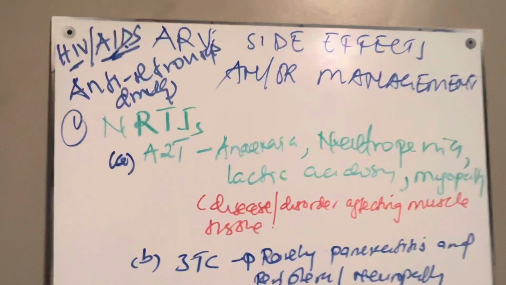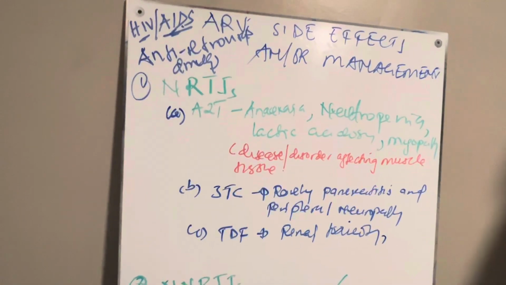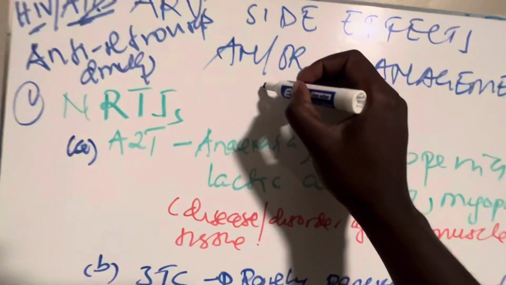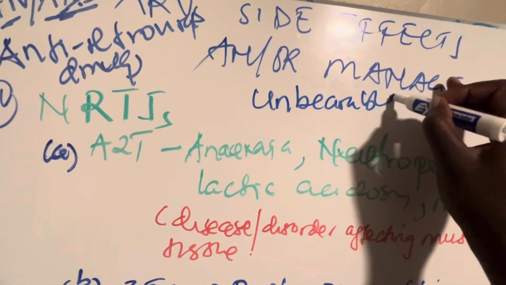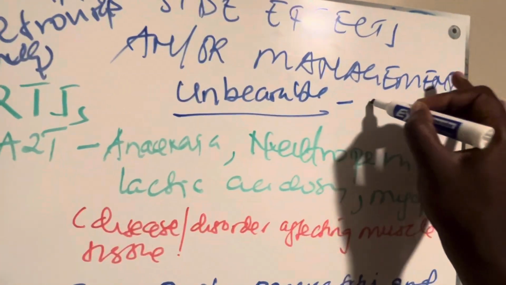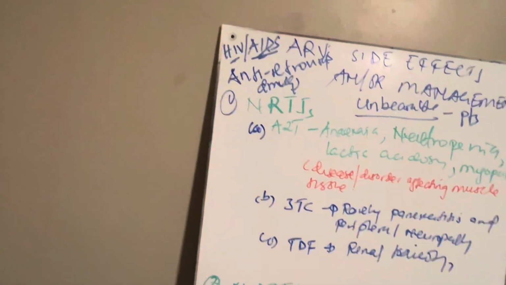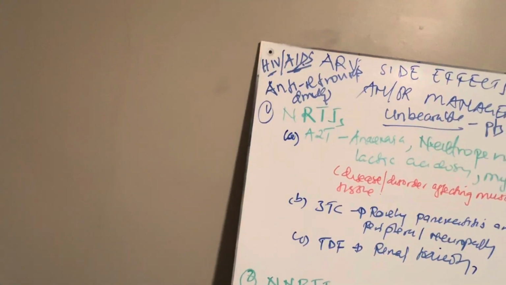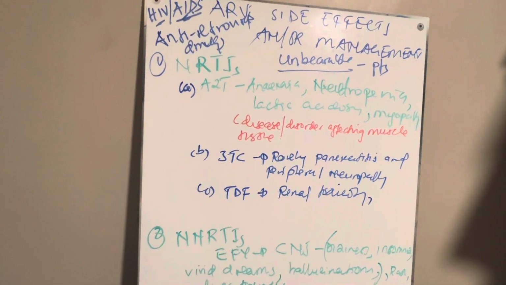The drugs used cause side effects, which sometimes can be unbearable to the patients, and can even lead to unprecedented circumstances. So I'm going to quickly talk about the side effects with regards to the groups.